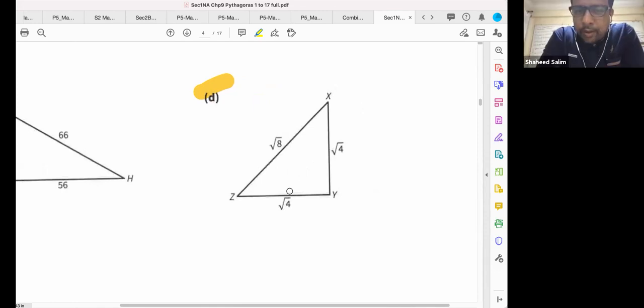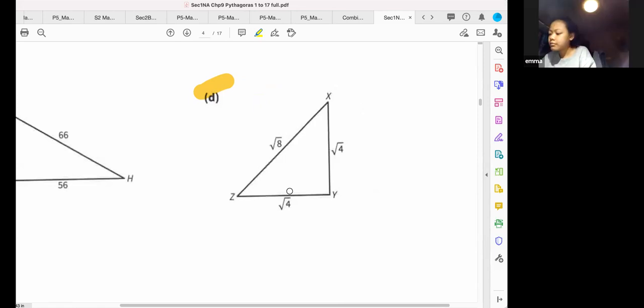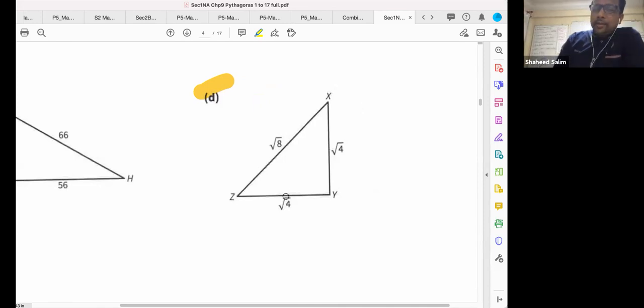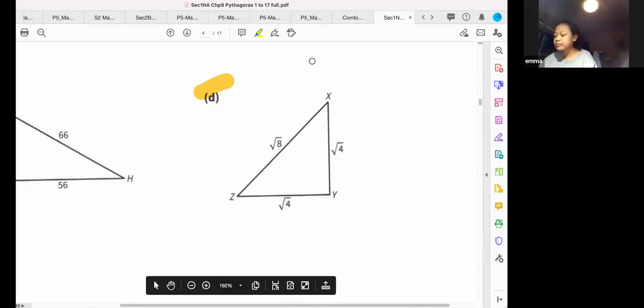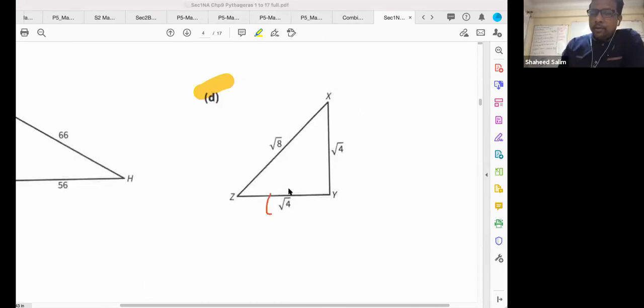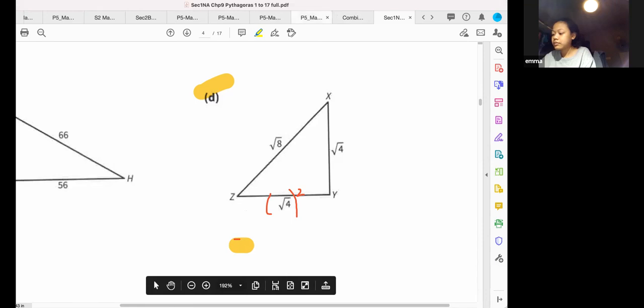What's the square of square root 4? 2. No, the square root of 4 is 2. Because remember, you're supposed to square this, right? So what's the answer for this? You get 4, do you agree?